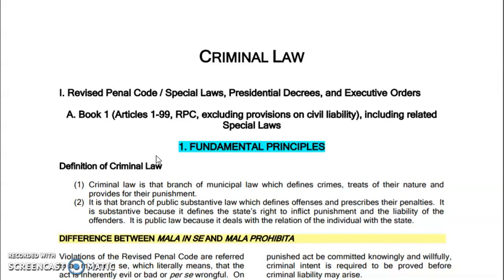So, in the Philippines, crimes that are known in the United States and England as common law crimes do not actually exist here in our setting. Our jurisdiction adheres to the principle of nullum crimen nulla poena sine lege, which means that there is no crime unless there's a law punishing it. So if there is no law, if it is not stated in the penal law or Revised Penal Code or special laws, then it cannot be punishable.